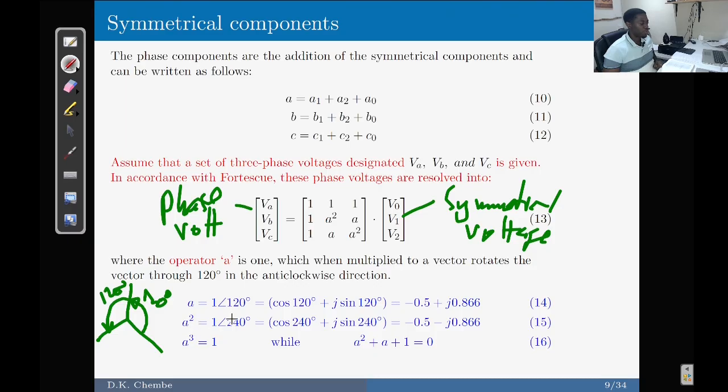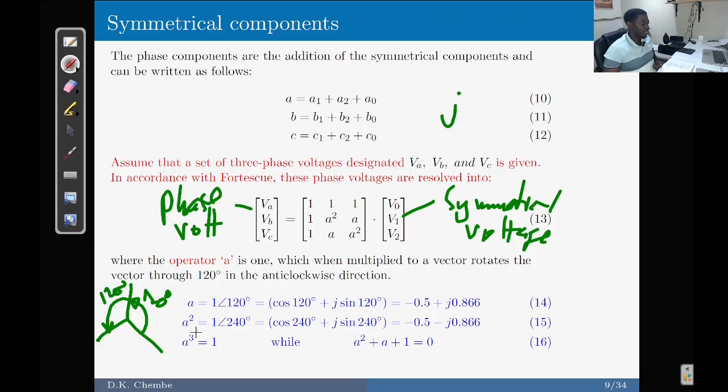Equally, the A squared operator is equal to 1 at angle 240 degrees, which is equivalent to cos 240 degrees plus j sine 240 degrees, giving us minus 0.5 minus j 0.866. I usually call this j yod, according to the pronunciation in the Greek alphabet. So do not be surprised when I call this yod.